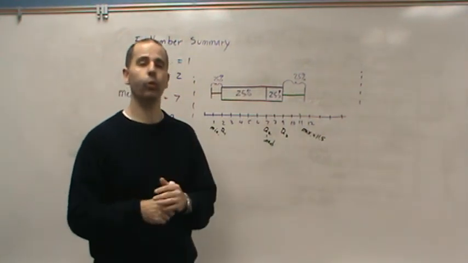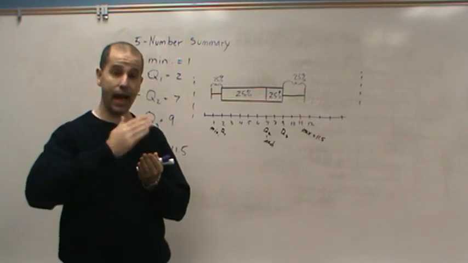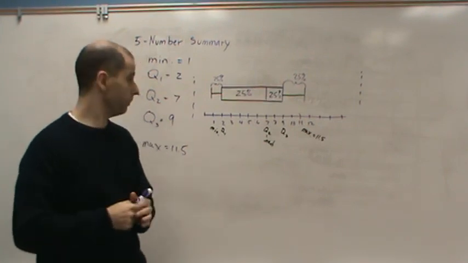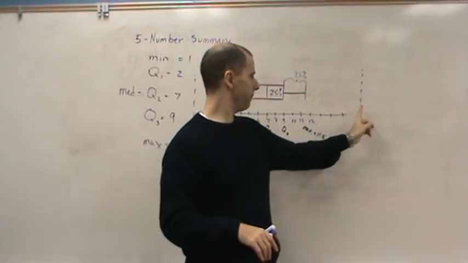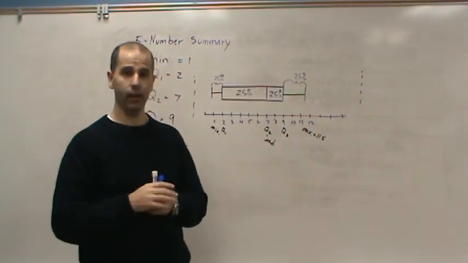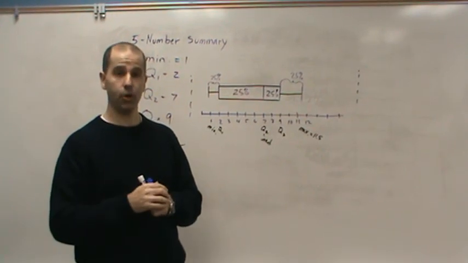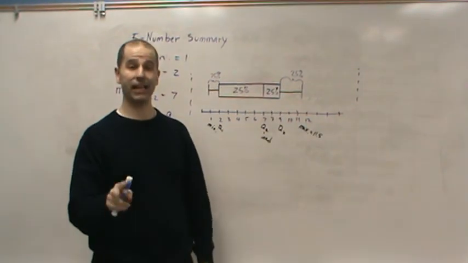What you would do is not include that value as part of the whiskers. In fact, anything that goes past this, I would set aside, and I would not use those to represent the maximum or minimum value for the box plot.